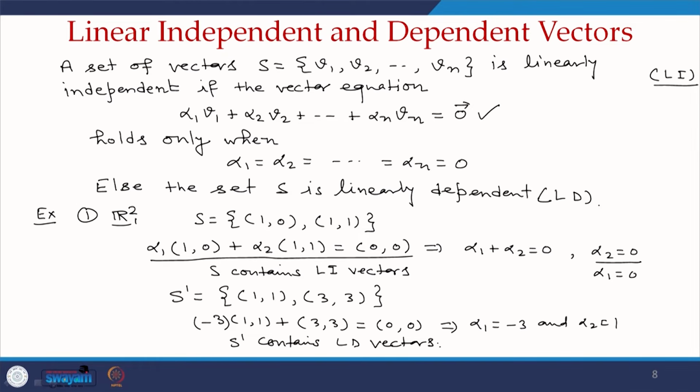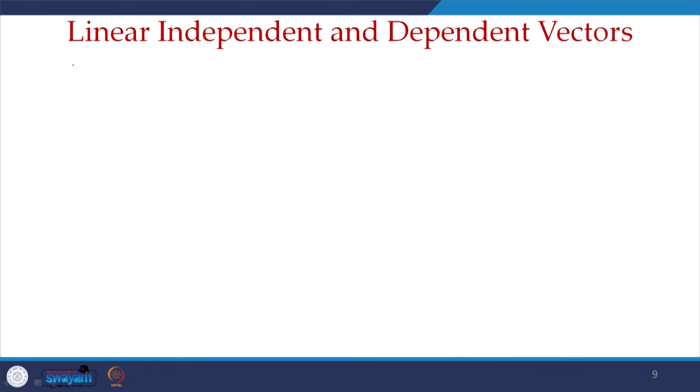Similarly, we can see an example in R3. Take a set: (1, -1, 0), (1, 0, 1), (0, 1, 1).